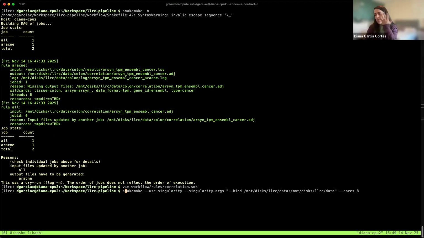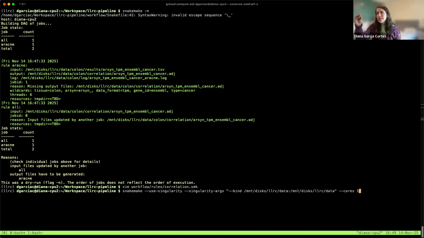And then we're gonna run this workflow. Because we're using Singularity, which is similar to Docker, I need that Singularity image. With Snakemake, you specify the number of threads you want for each task, and then you specify the total number of threads that you have for the entire workflow.